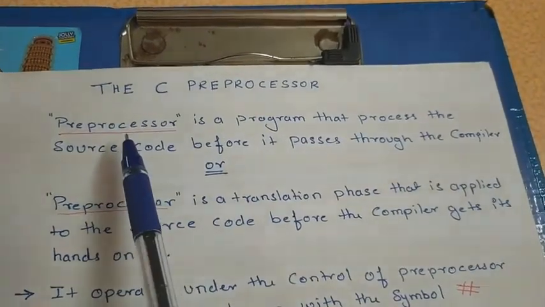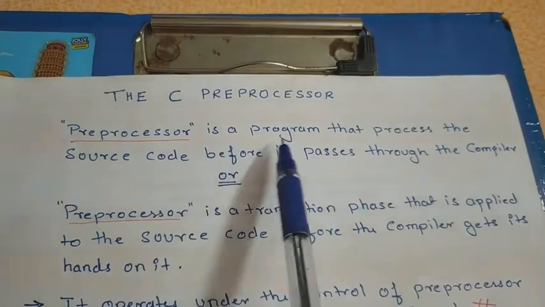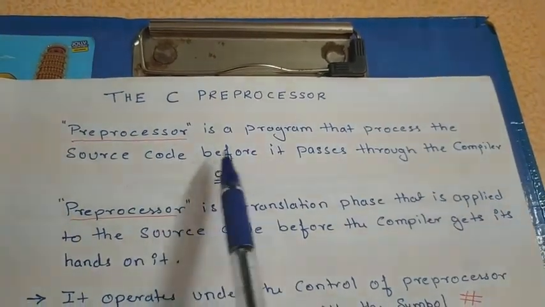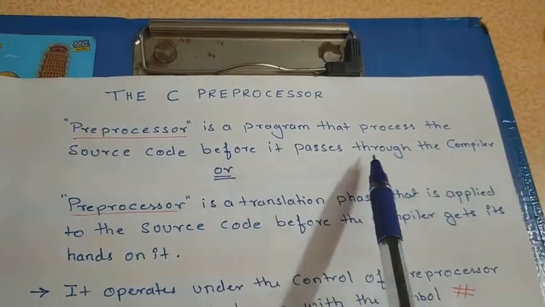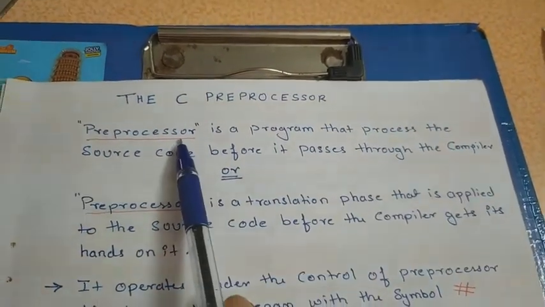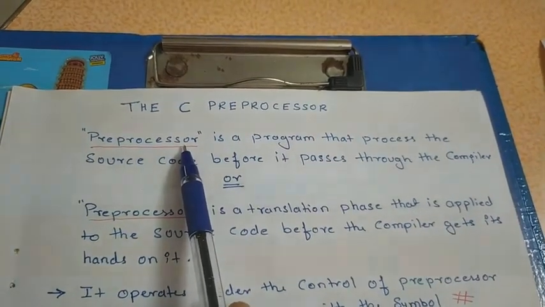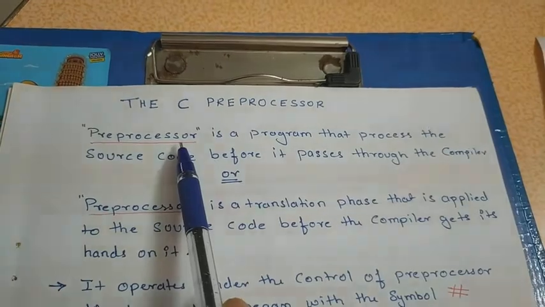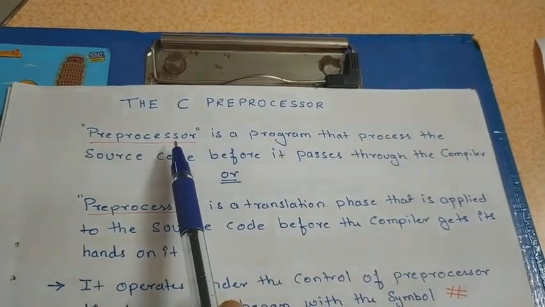A preprocessor is a text processing tool. Basically, it preprocesses the program before it is compiled.